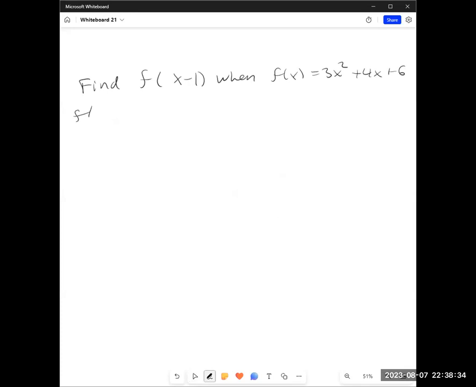So f of x minus 1 is going to be 3 times the quantity x minus 1 squared plus 4 times the quantity x minus 1 plus 6. We got to take care of our exponents first. I think you guys probably know how to FOIL at this point and take care of a perfect square trinomial. If you don't, you can go back and watch some videos on that I have here.